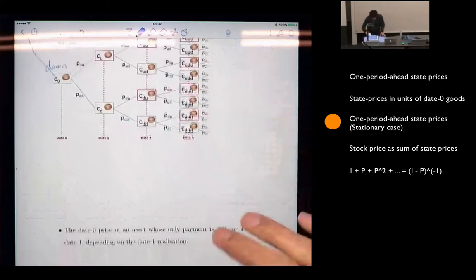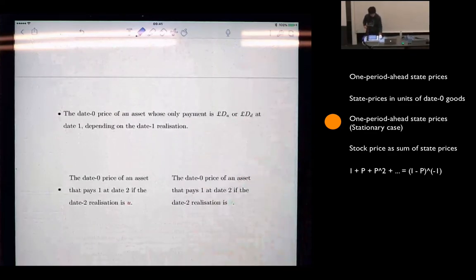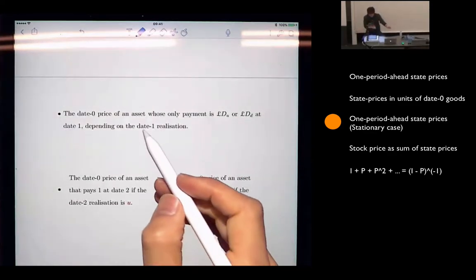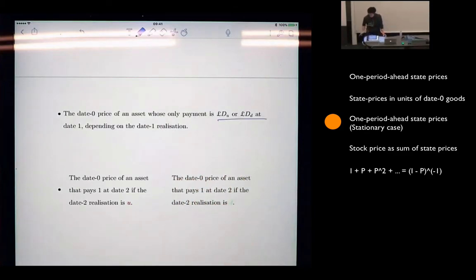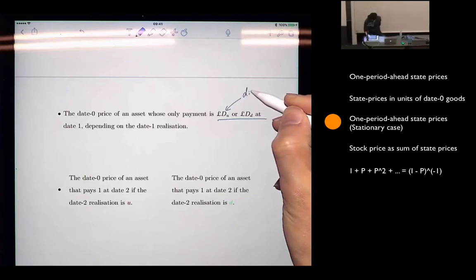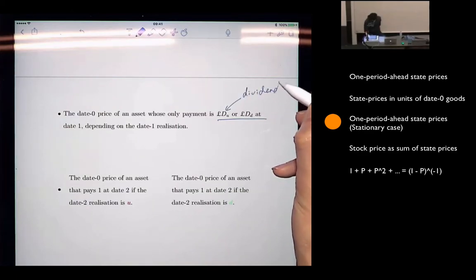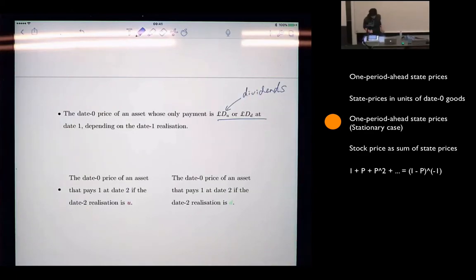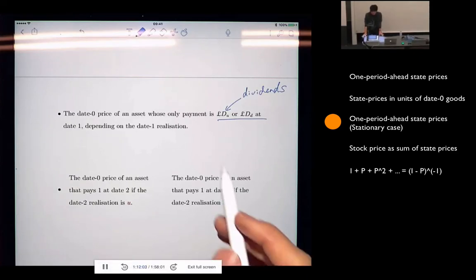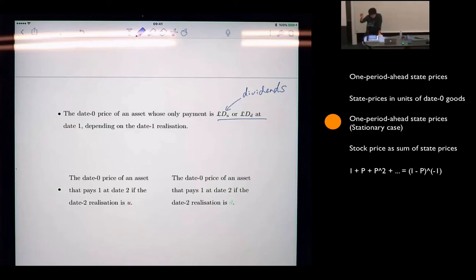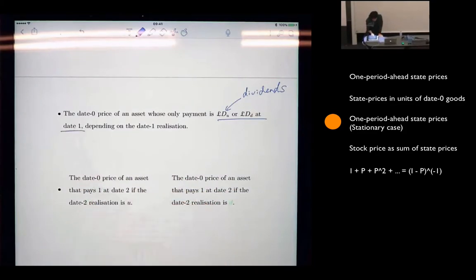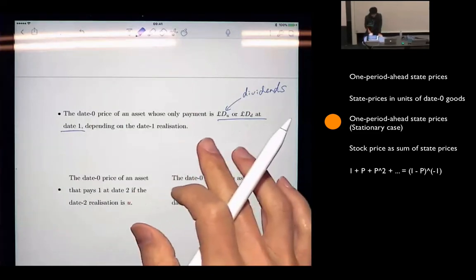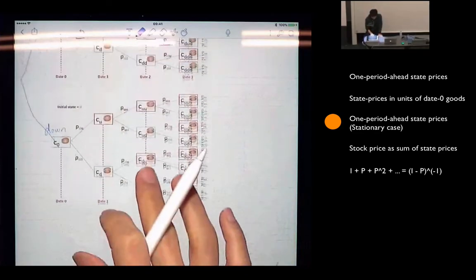Okay. Question 1. What is the date zero price of an asset whose payment is either DU or DD? So D stands for dividends. What is the date zero price of this asset whose payment is either DU units of potatoes or DD units of potatoes at date 1, depending on the date 1 realization?